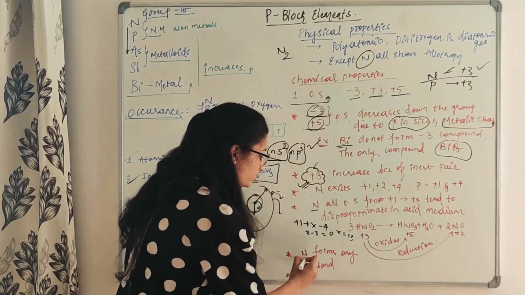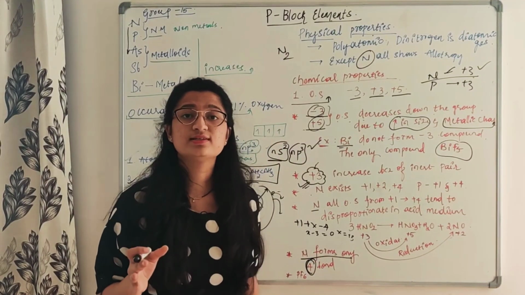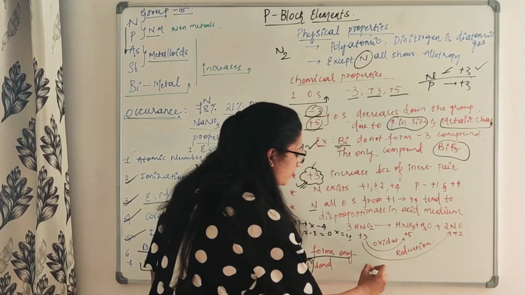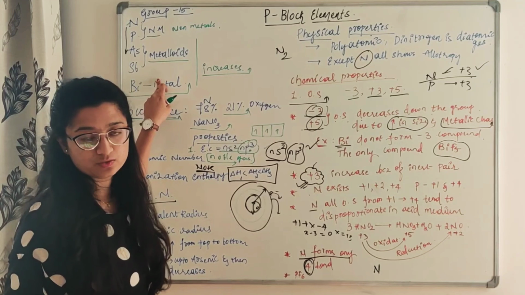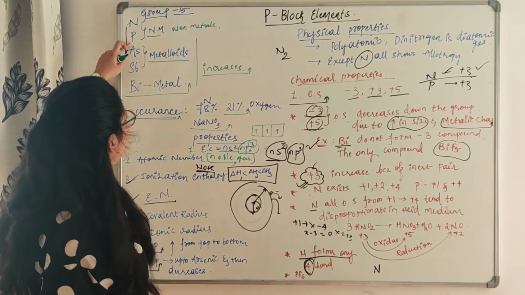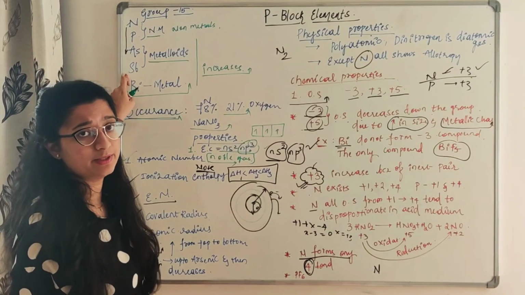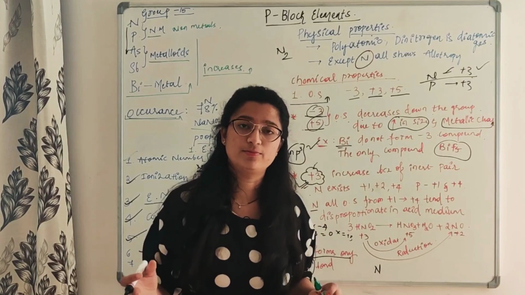Nitrogen forms only 4 covalent bonds. The reason is that as we move down the group, for the other elements like bismuth and antimony, there is involvement of d orbitals.